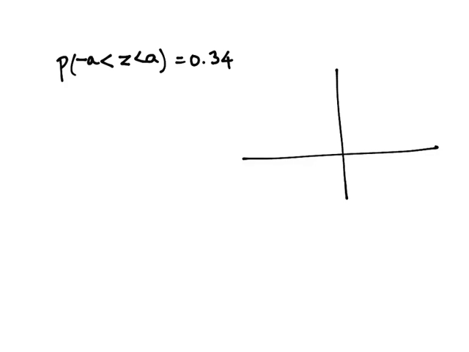Let's say P of Z more than minus A and less than A is 0.34. Then find the value of A. In this case, this is how the diagram looks, the curve. So 0. So on the right hand side there's this A, and this minus A will be equidistant from 0, right?